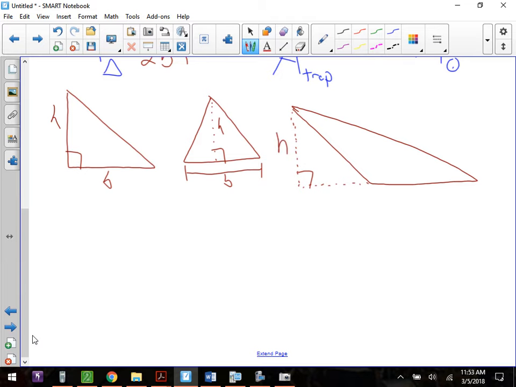This is your height, but this section here is the base. Not the portion outside of it, because it's not in it; it's the portion that's in the actual triangle. It's one of those weird ones that people tend to forget about. I just wanted to re-show that to you real quick. Does that vaguely look familiar?